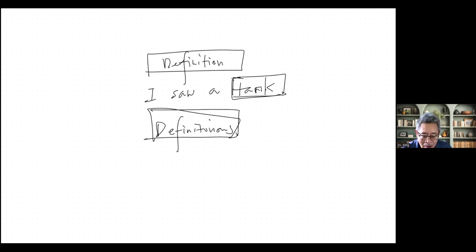And then the other thing we need to understand is a property, or properties. So you're going to see those two things. One is definitions, which tell us what is the object that we are studying, and the other is the property of that object. If I talk about a tank for fish, the definition is a container that has water that the fish can live in.